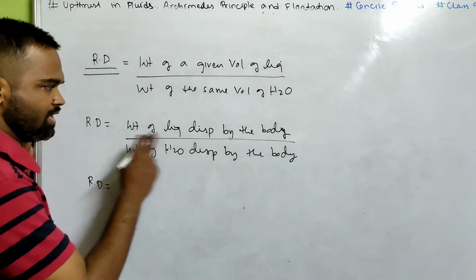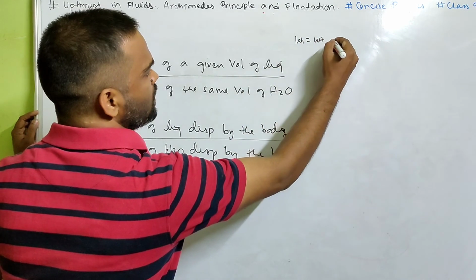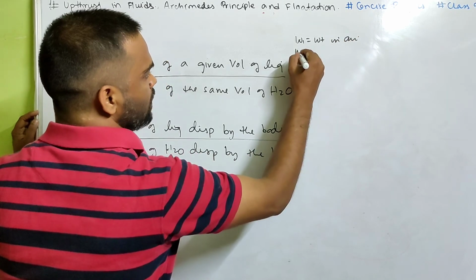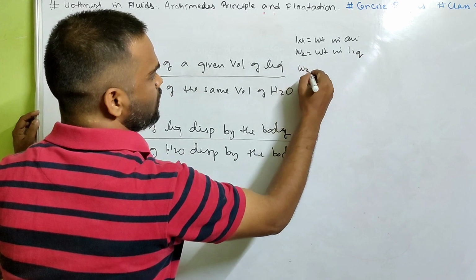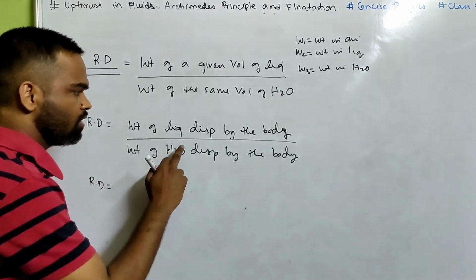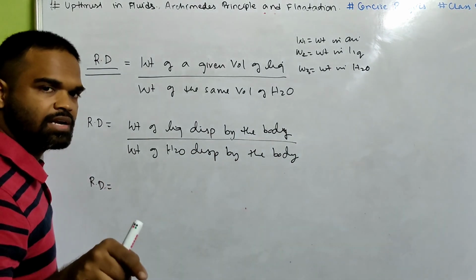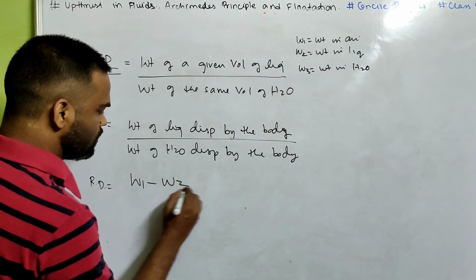Suppose W1 is the weight of the body in air, W2 is the weight in the liquid, and W3 is the weight in water. The weight of the liquid displaced by the body is loss of weight in that liquid, which is W1 minus W2.